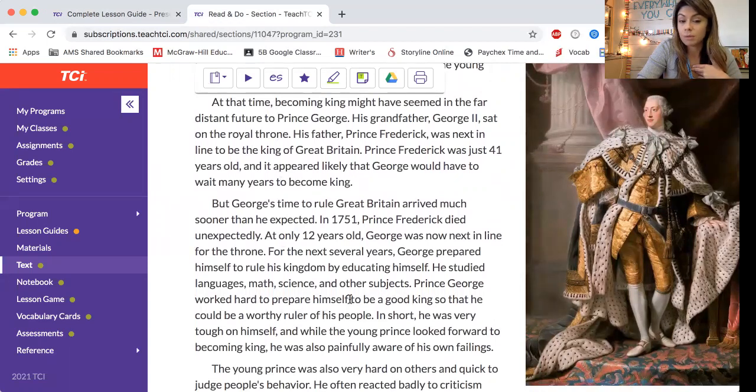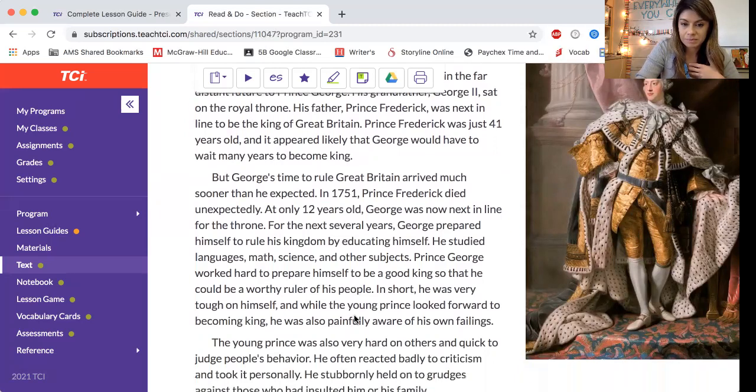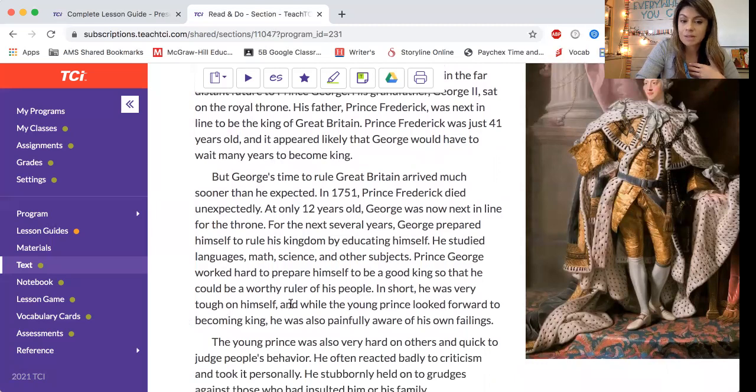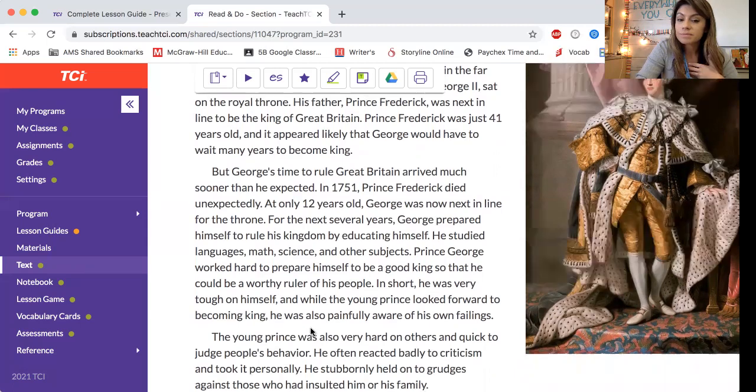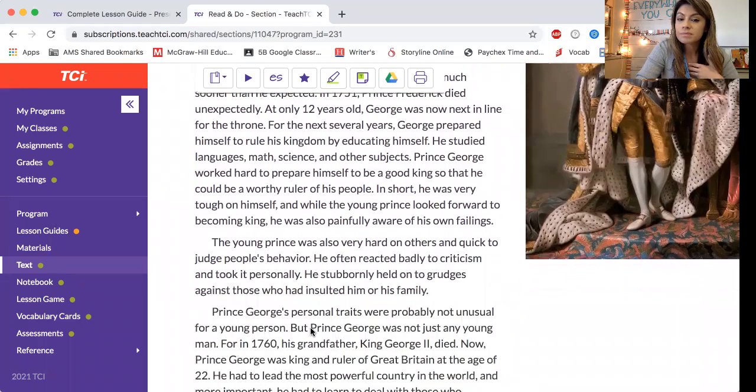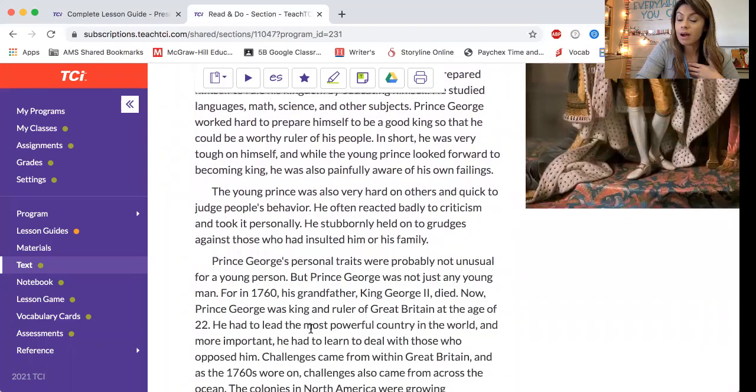So he's a hard worker, maybe? He was also very tough on himself. He was tough on others as well. Look, stubborn. He stubbornly held on to grudges.